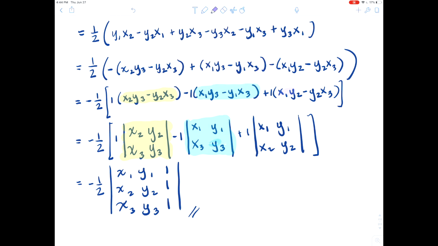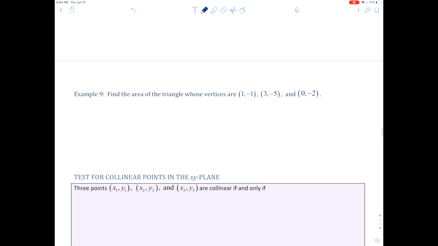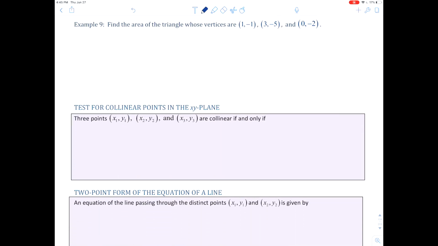And this third quantity matches up with this determinant. And then the three together, along with the ones they were expanded about, makes the 3 by 3 determinant. All right. So next up, let's go ahead and use this.